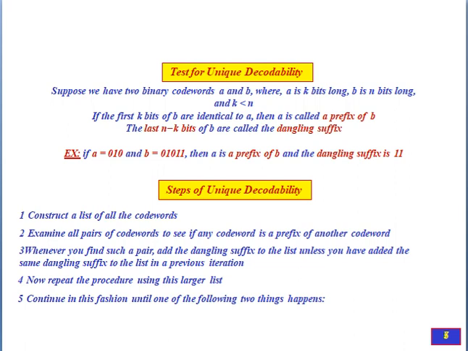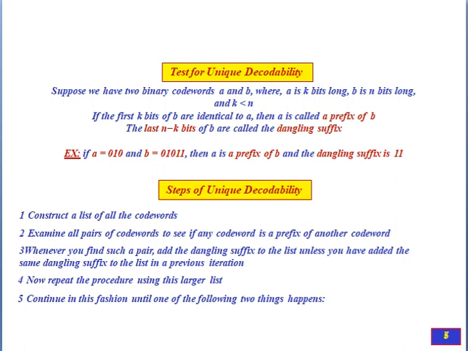Construct a list of all the code words in your alphabet. Examine all the code words and see if any code word is a prefix of another code word or not. If you have such a prefix case, obtain the dangling suffix and add it to your list. Continue examining your list and adding the dangling suffix until one of the following two things happen.